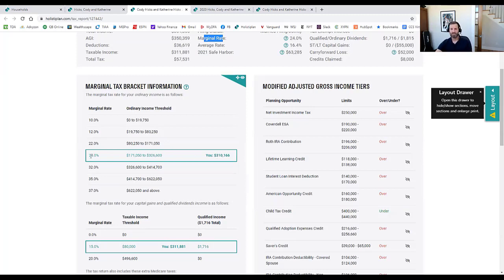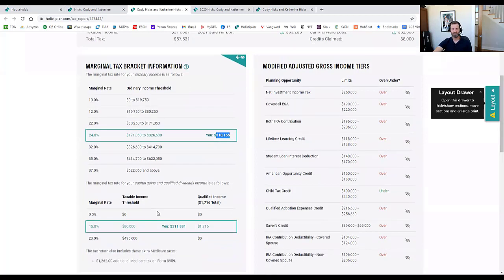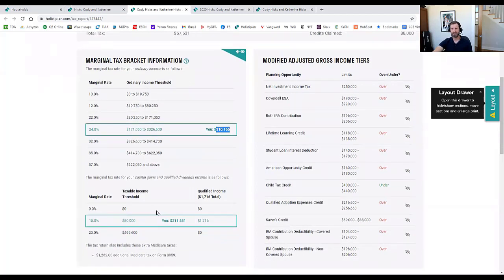It plots out in the 24% bracket, between $171,000 and $326,000. There they are right there. So they've got another $16,000 to go before they jump to the next bracket where things get escalated a little bit. But we've also got those long-term capital gains and qualified dividends, which are eligible for better tax rates.